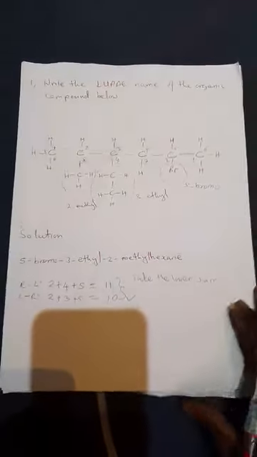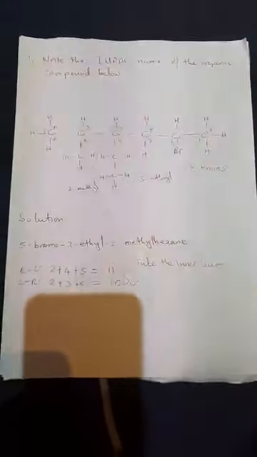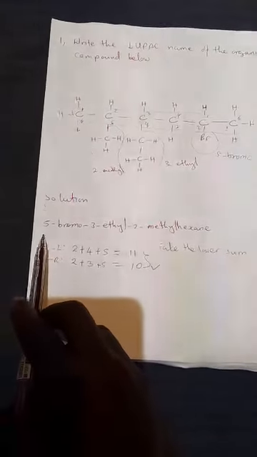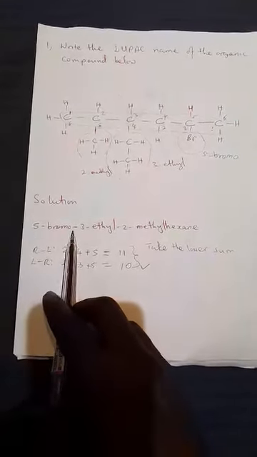Okay, so these are the side chains and substituents we have. Now the next rule, rule number 3, says write your name alphabetically. Now what starts first, bromo, ethyl, or methyl? What starts first is bromo, and bromo is on position number 5. So it's 5-bromo.